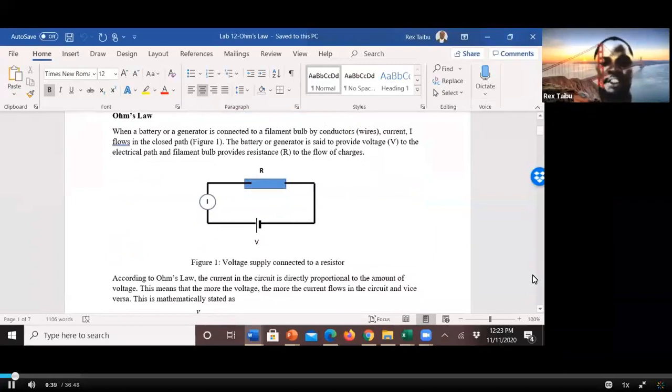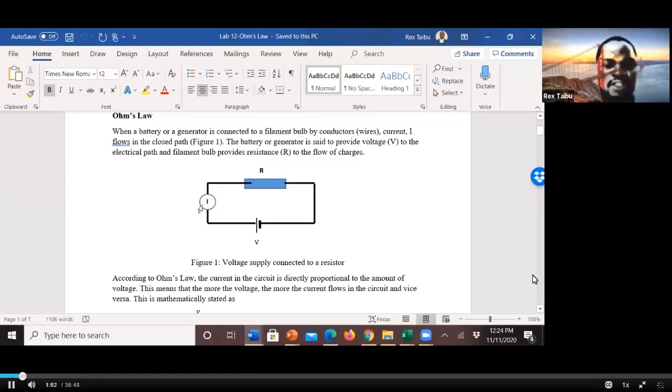First of all, the lab introduces you to issues of voltage, current, and resistance. So the voltage source, like a battery, provides what we call current in a closed loop like this one. This thing you see here is the ammeter.